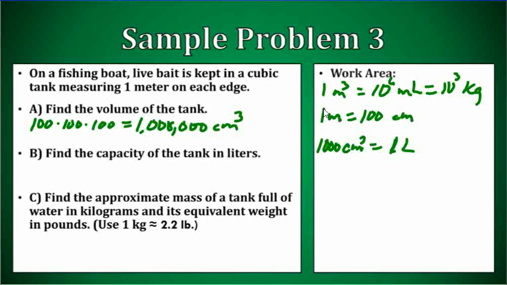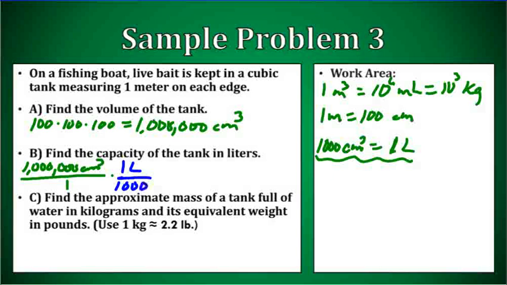So if I take my 1,000,000 cubic centimeters over 1, and multiply it by this unit ratio, 1 liter is the same as 1,000 cubic centimeters, the cubic centimeters label divides out, and then I can just knock off each of these zeros, 3 of the zeros. That would leave us with 1,000 liters.